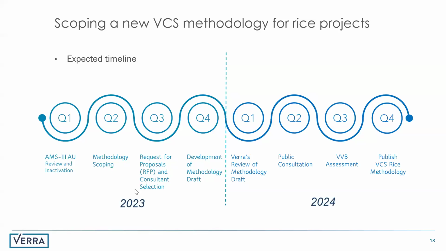And then we hope to finalize and publish the new VCS rice methodology by the end of this year, sometime in Q4. So it is a very ambitious timeline, but so far everything is running well. And we are very committed to deliver this product by the end of the year.